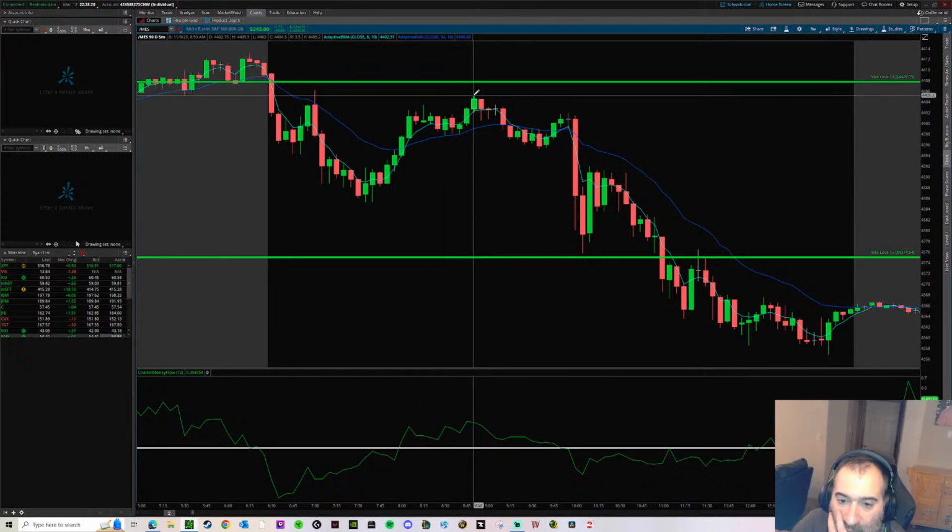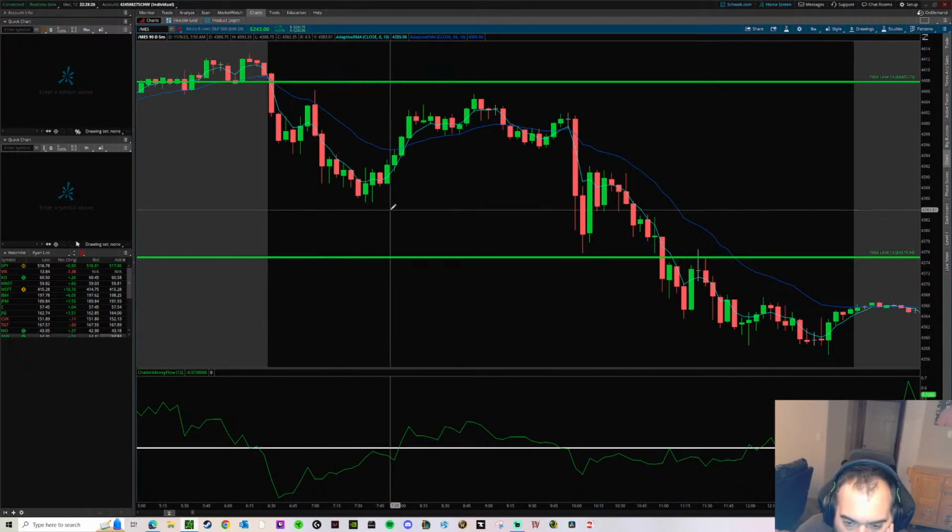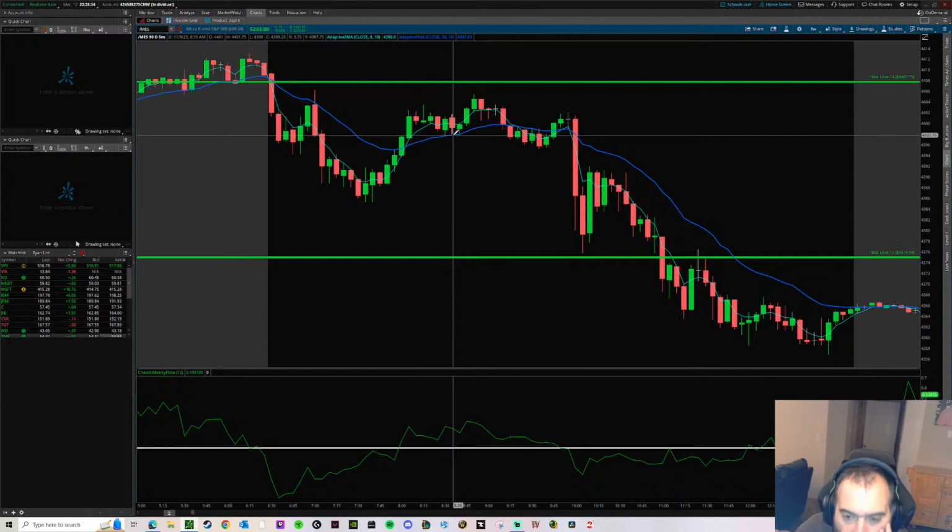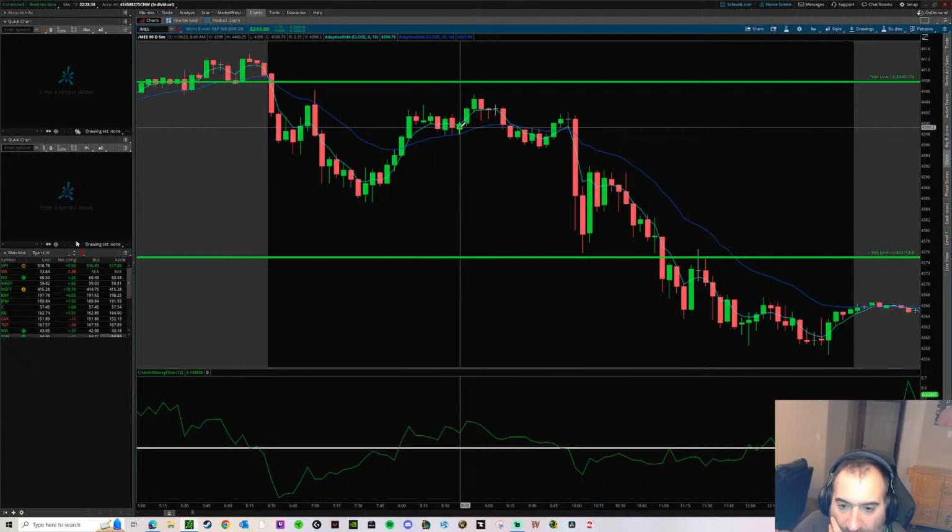Established a new uptrend, right? So we're still watching for this, right? Because it didn't break this level yet. So it sets a new high. We are above. We did have a crossover. We did reject multiple times here, and then we did clear it.